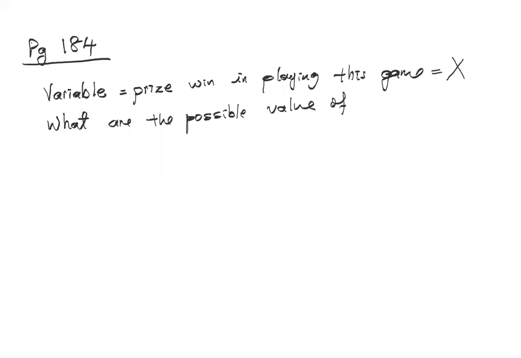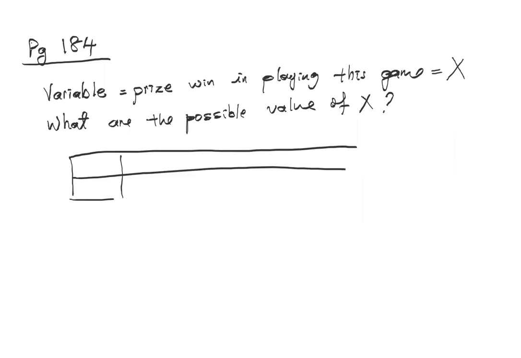Every time you see a problem, you must ask yourself, what are the possible values of X here? Is it just 2, 5, 10, and 20? 0 is also one of the possible values. In this question, they give you the table.